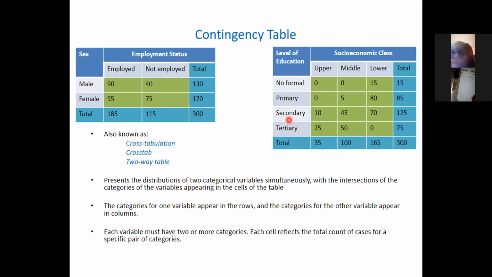But when you are looking at level of education and socioeconomic status, your level of education will determine your socioeconomic status, not the other way around. Can you see now? So whenever you want to look at two variables together, you have to determine with your own sense which one should be exposure and which one should be the outcome.